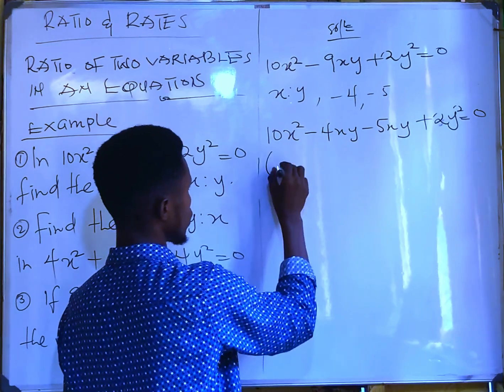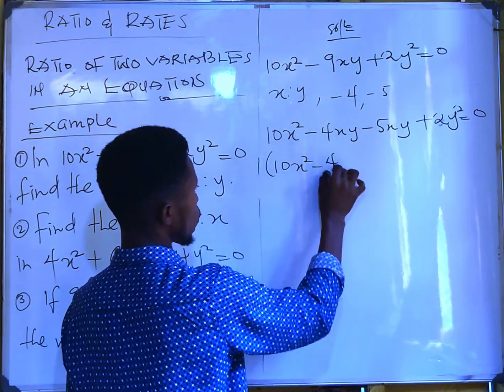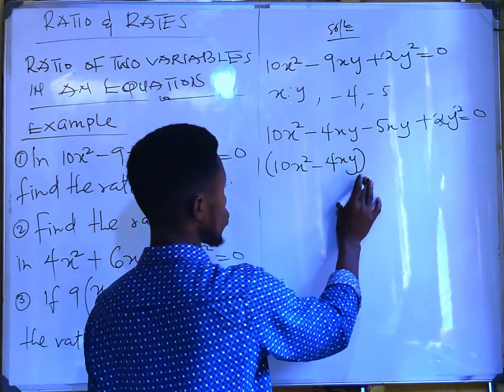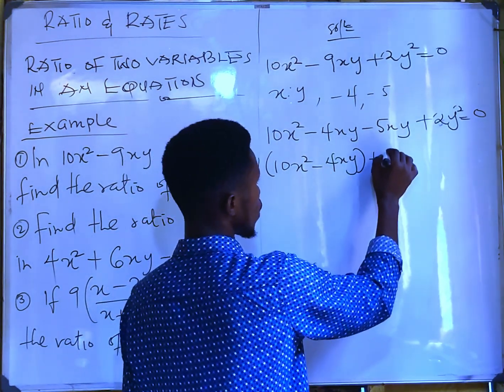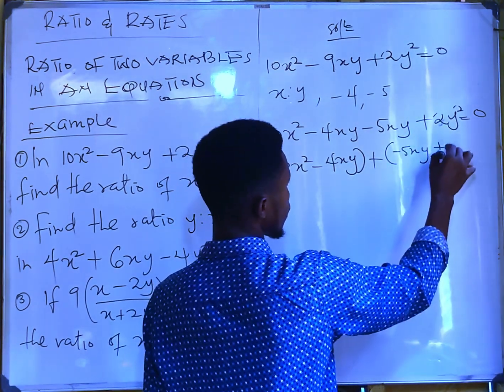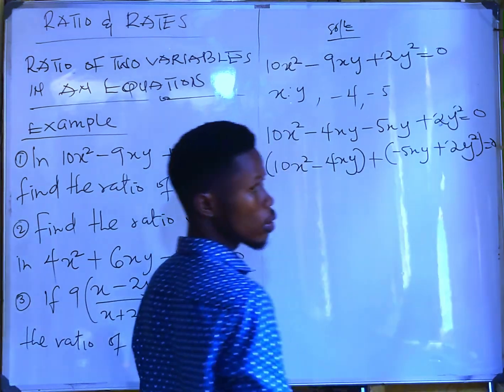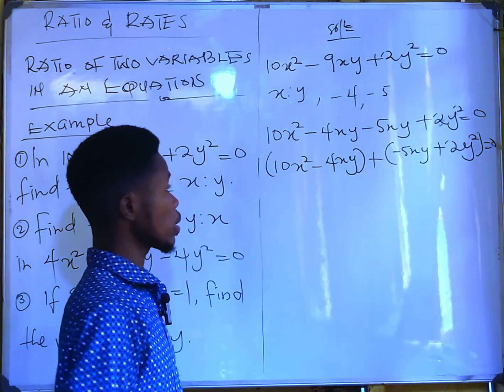Let me group them first: 10x squared minus 4xy, and here negative 5xy plus 2y squared. So this is what you are going to get.